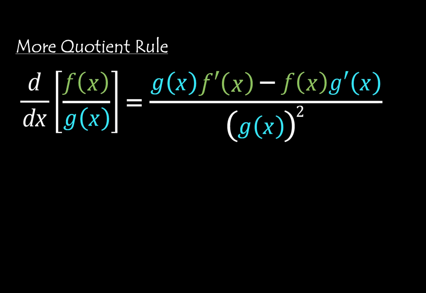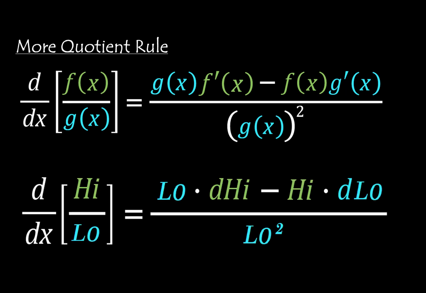There's another way to remember the quotient rule, which I think personally is very helpful. Think of your top function as the high function. Think of your bottom function as the low function.